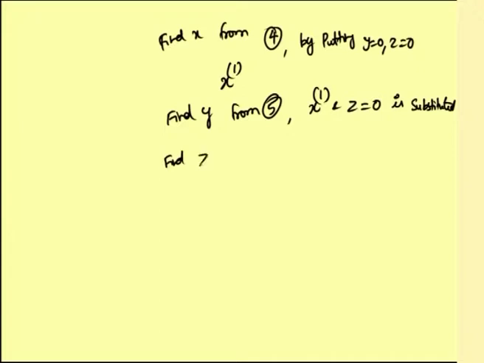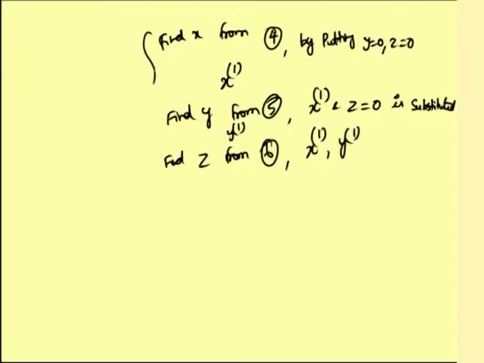And find z from the sixth equation, where we substitute x and y. So, x1 and y1, which we found from the fifth equation, are substituted immediately. That is, as and when the values are found, they are immediately substituted. So, this gives you the first iteration values.